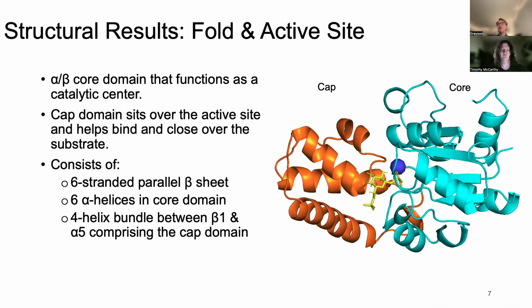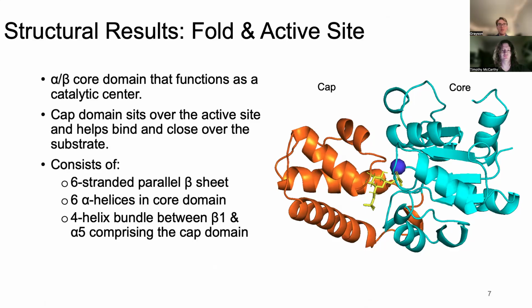There is an alpha-beta core domain, and for structures like beta-phosphoglucomutase, the expected HAD fold has many of these common alpha-beta core domains, which serve as the main catalytic center. In addition, there is also a cap domain that sits over the active site and helps the substrate binding and closure.